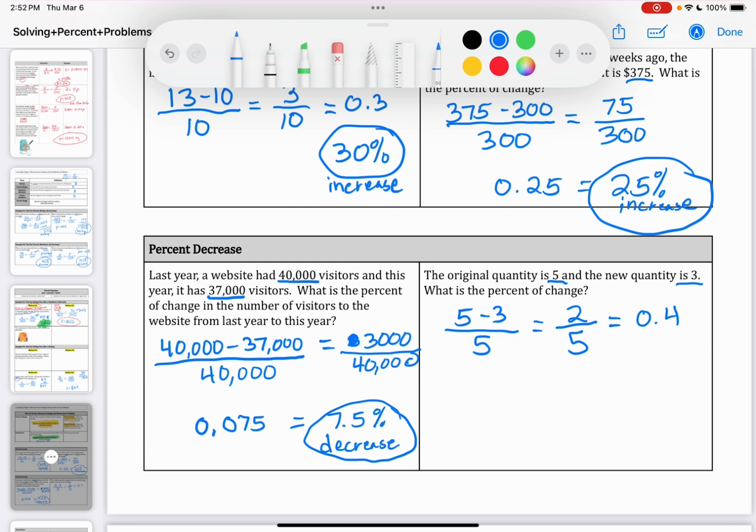So make that a percent. 40% decrease. So percent increase and decrease, difference of the values divided by the original, make it a percent, and you should say increase or decrease.